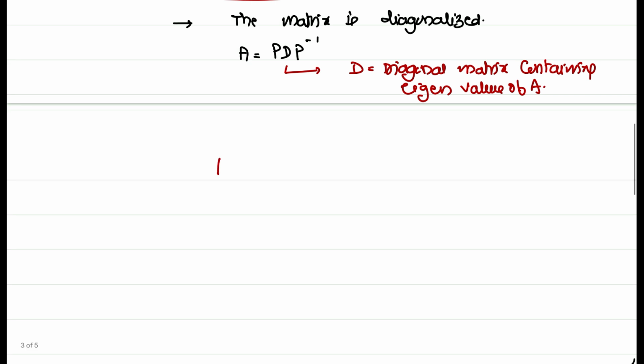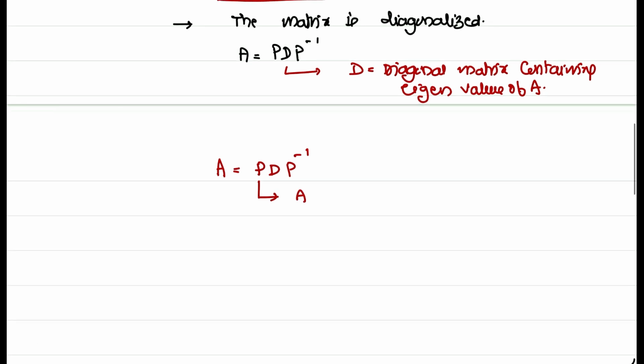A can be represented in the form P D P inverse, where D is the diagonal matrix containing eigenvalues of A. This is the process of diagonalization, and P is a matrix whose columns are eigenvectors of A.